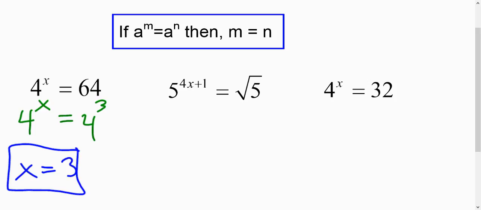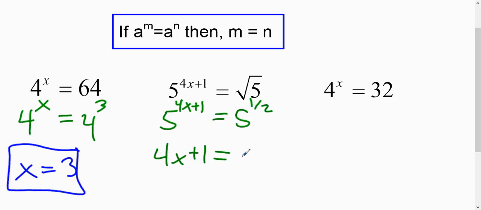Similar idea for this next one. Just remember that the square root of 5 is the same thing as 5 to the 1/2 power. We have the same base on both sides, which means the exponents have to be equal. So 4x plus 1 must equal 1/2.